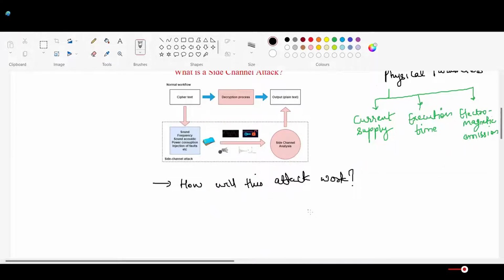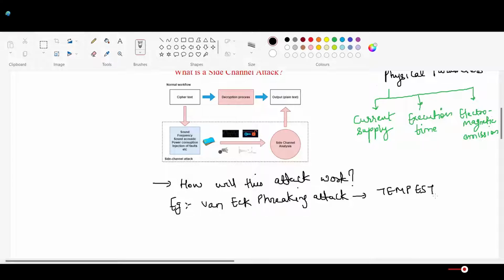A real-time example of this is the Van Eck phreaking attack, which is also called TEMPEST. TEMPEST is the Transient Electromagnetic Pulse Emanation Standard.